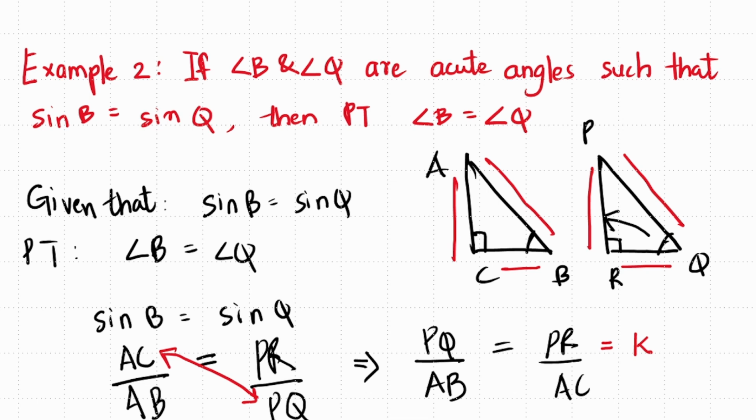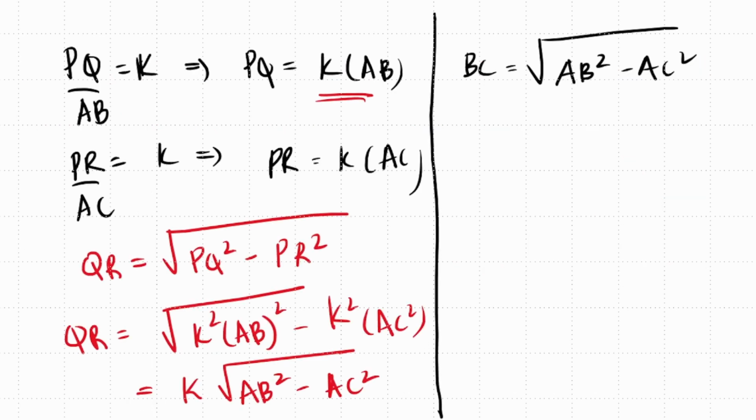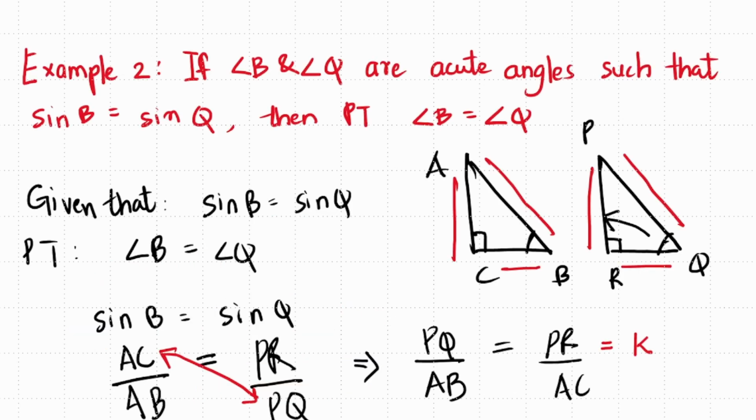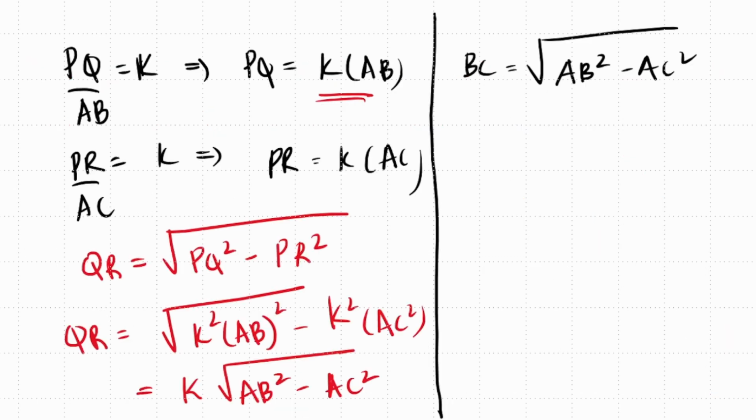So BC is equal to root of AB square minus AC square. That's what I've written here. And you need to check whether QR divided by BC should be equal to this ratio. Then only you can prove that it is a similar triangle.